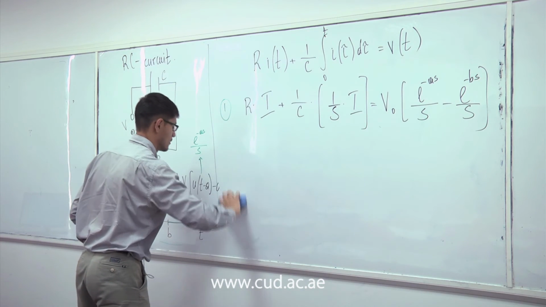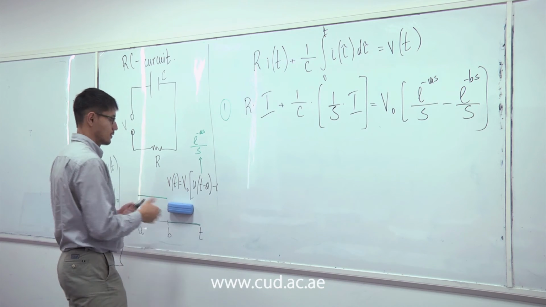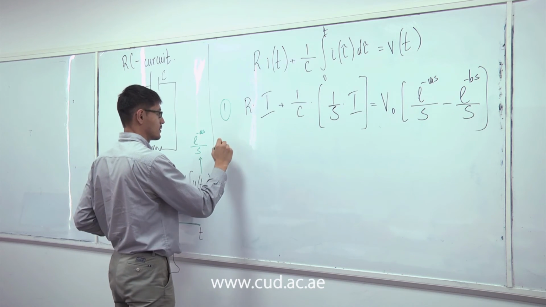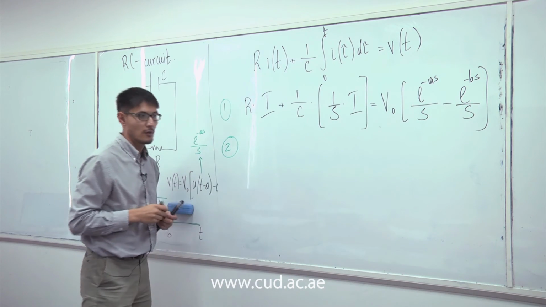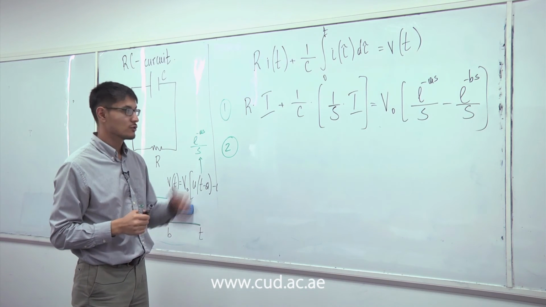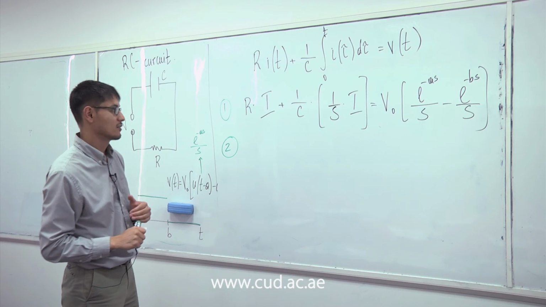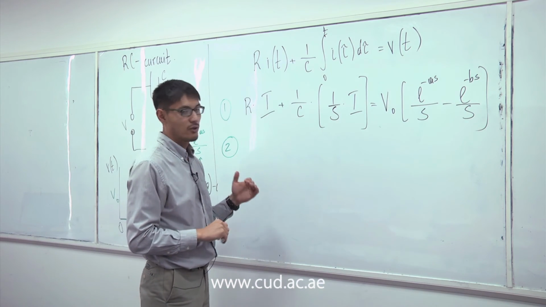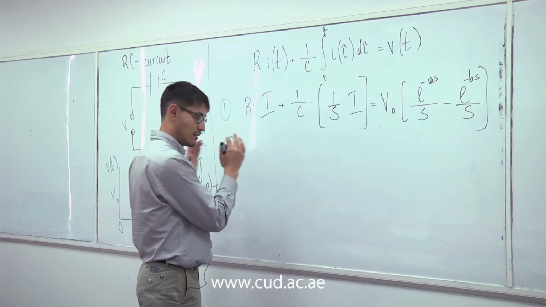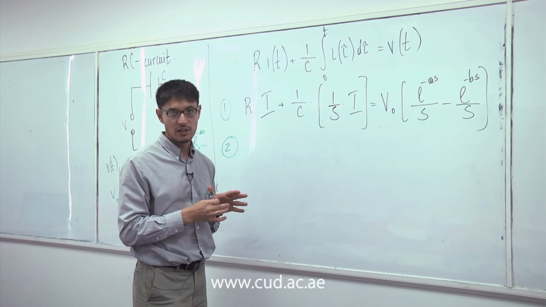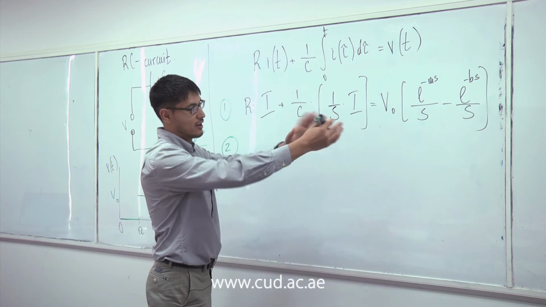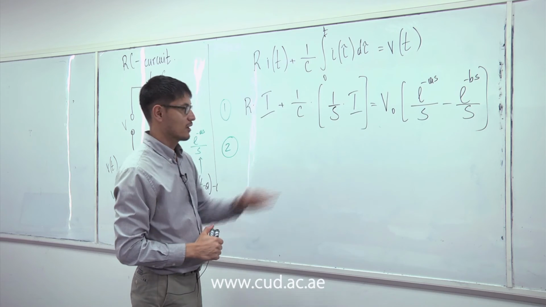The next step was to solve for capital I. So we're going to keep all the terms with capital I on the left-hand side, and all the terms without capital I, we move them to the right-hand side of the equation.